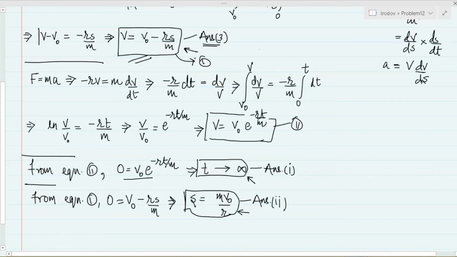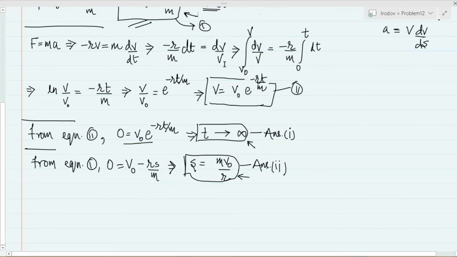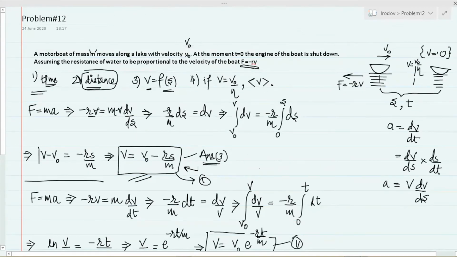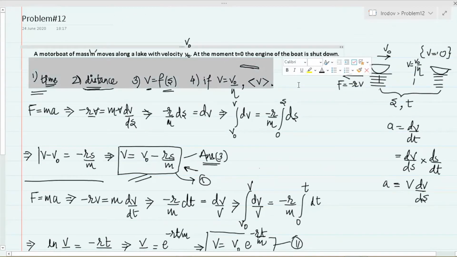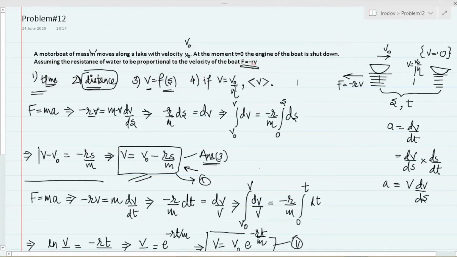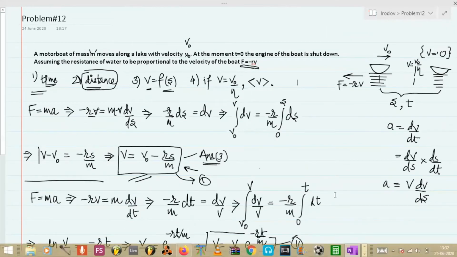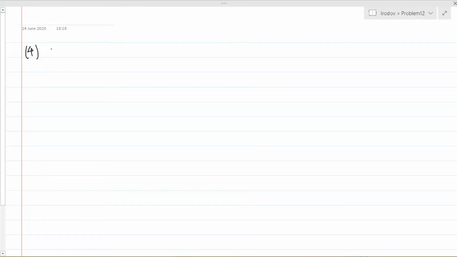Now we're gonna go into another problem, which is: if v equals v naught divided by eta, what is the mean velocity during this travel? Okay, if the velocity reduces to v naught divided by eta, what is the mean velocity during that time?